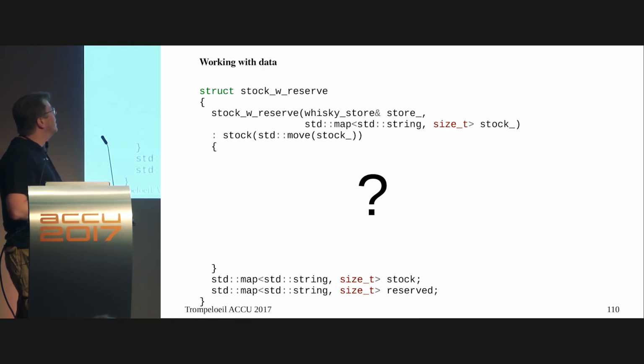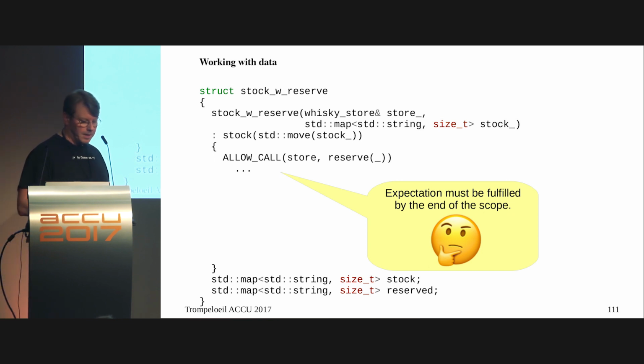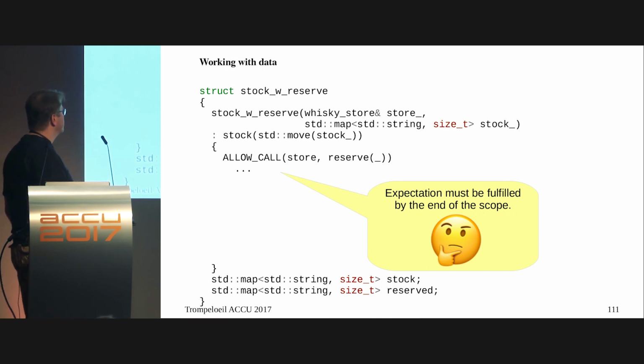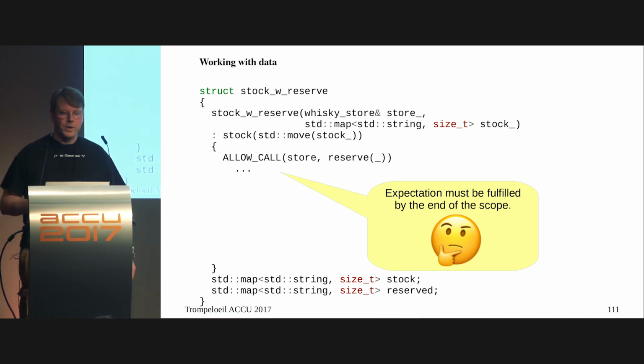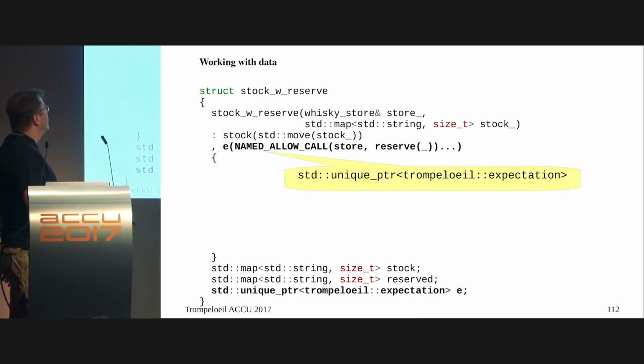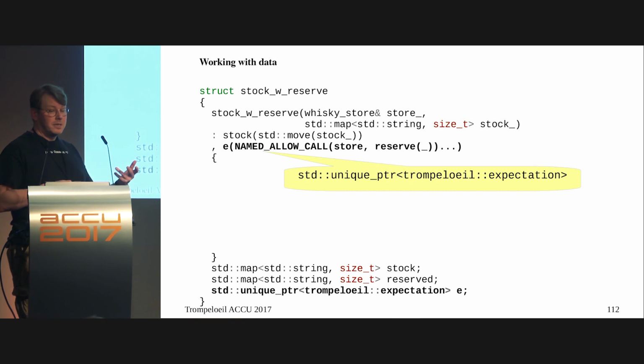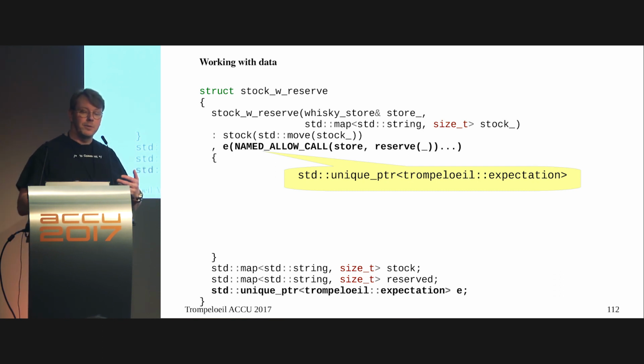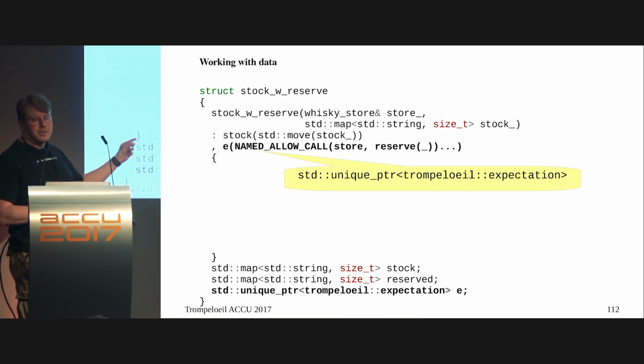But how do I implement this? ALLOW_CALL is no use because it must be fulfilled here, and that is way too early. NAMED_ALLOW_CALL to the rescue. NAMED_ALLOW_CALL is actually exactly the same thing, except that you get a unique pointer to an expectation, and this expectation must be fulfilled by the time the object is destroyed.